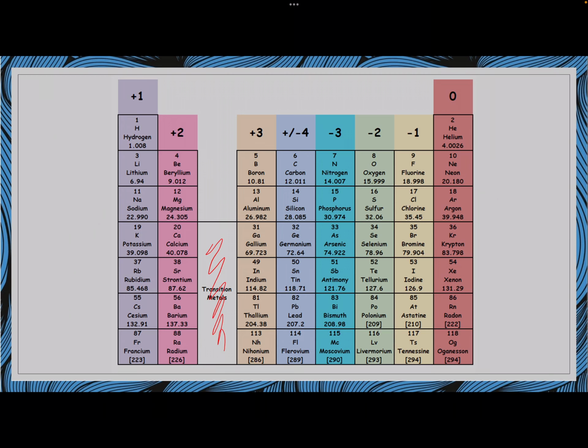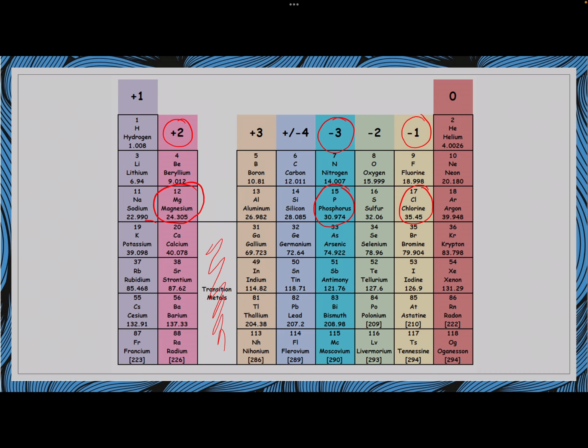Okay, so let's have a look at the answers to that. Firstly, magnesium. Magnesium is right here. It's going to be a +2 charge. Next we have phosphorus. It's over here. That's going to be a -3 charge. Chlorine, just a couple over from phosphorus, is going to be -1 charge.